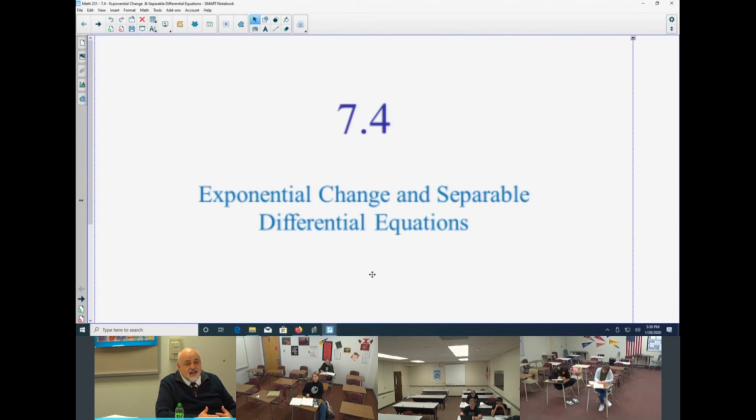Anyway, I'm going to follow the book, but I really believe that it would be better if exponential change was taught separate than separable differential equations. The reason they put them together is because the exponential change formula that we use, we derive it from separable differential equations.